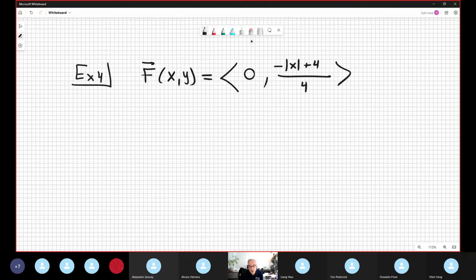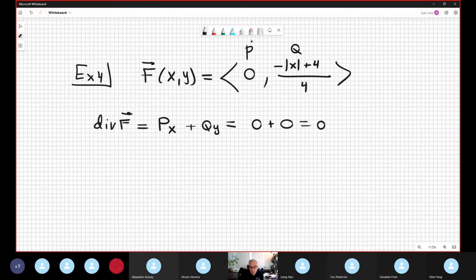The reason I complicate this is because I want to illustrate one thing in this specific example. And we compute, for example, the divergence of the vector field. Okay, the formula is partial derivative of P with respect to x plus partial derivative of Q with respect to y. Obviously, it's 0. P is 0, and the Q component does not depend on y, so it's 0. One more time, we have source free.